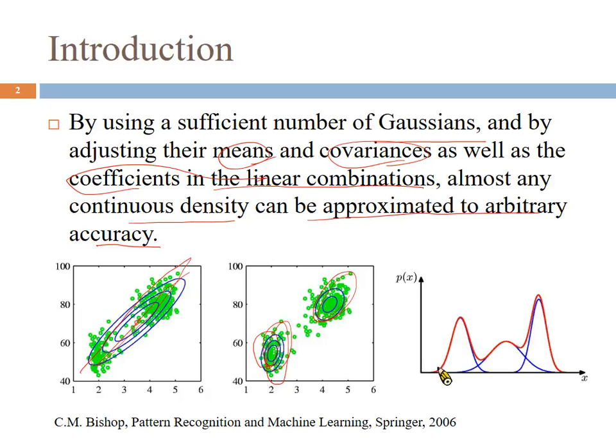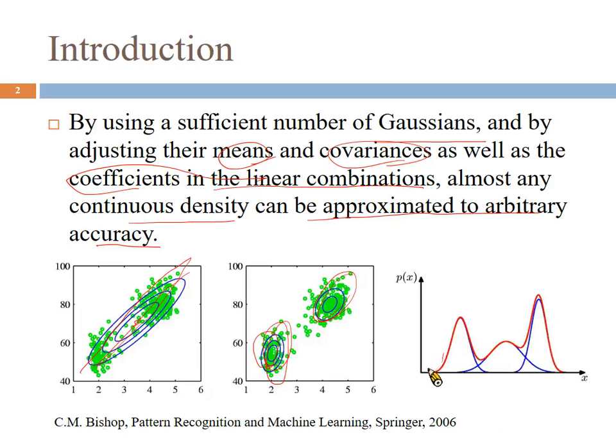For the one-dimensional case, for example, given the distribution represented by the red curve, we can use three Gaussian mixtures, these three Gaussians in blue, to approximate the red distribution.